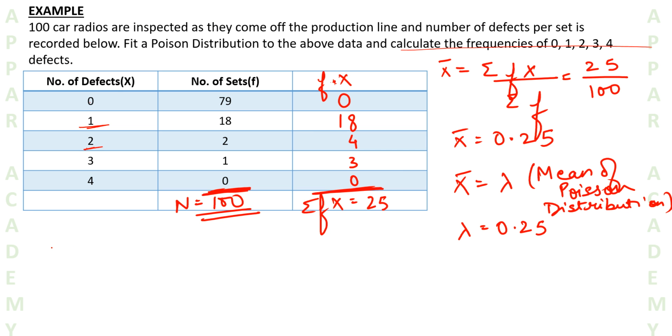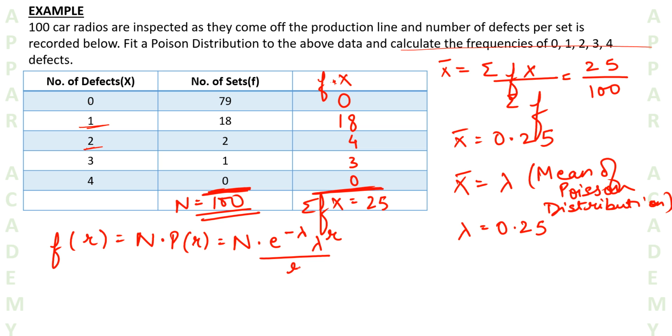So let's just write down over here f of r is equal to n into pr, which is equal to n into e to the power minus lambda to the power r upon r factorial, where r is equal to 0, 1, 2 and so on. Now we have these values. Now we need to calculate, we have already found this, the frequencies of 0, 1, 2, 3, 4, right?